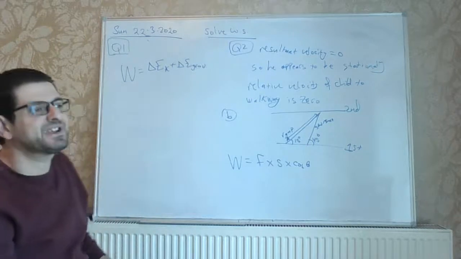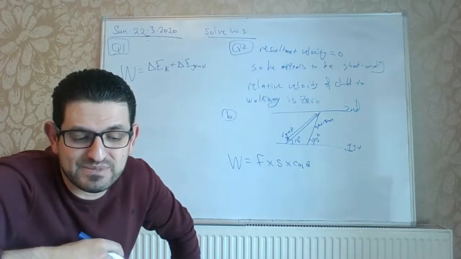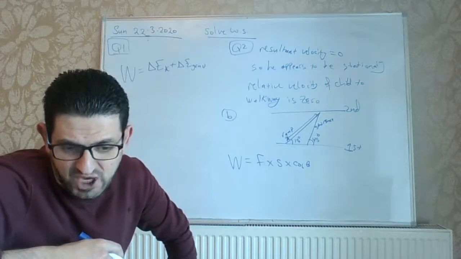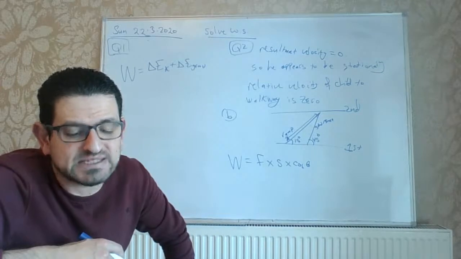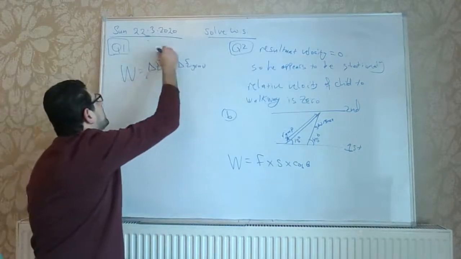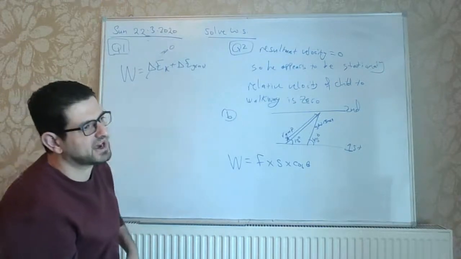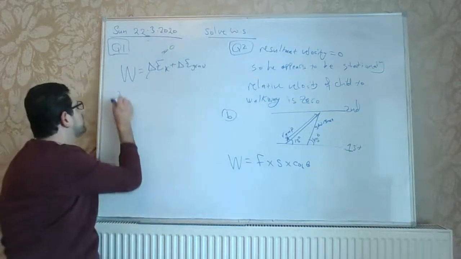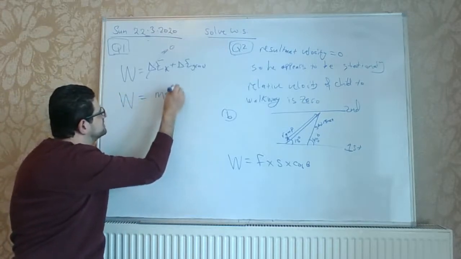Now, is there a change in the kinetic energy? Read the question. A child walks up the ramp at steady speed. So this is 0. So the only force there is mgh, mg delta h.